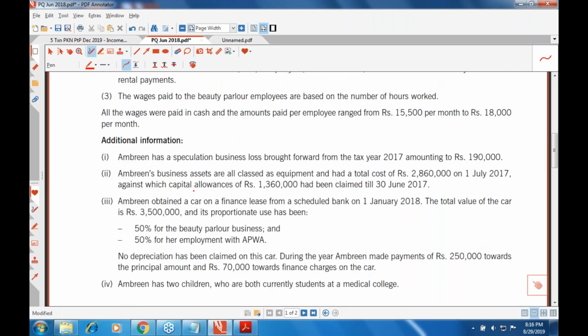It says Ambreen has a speculation loss brought forward from tax year 2017 amounting to 190,000.